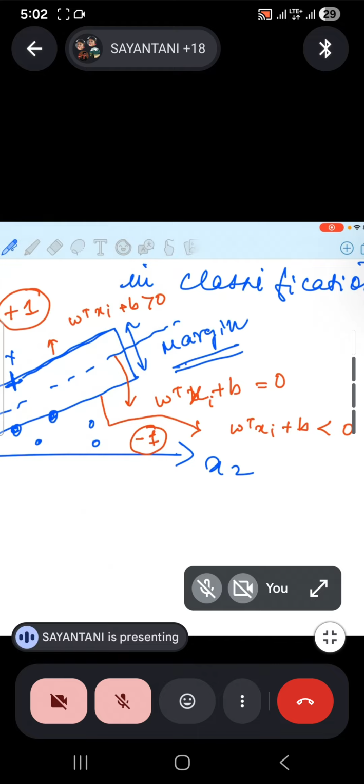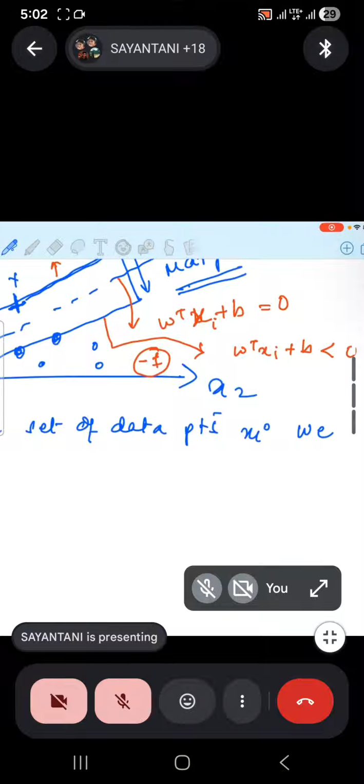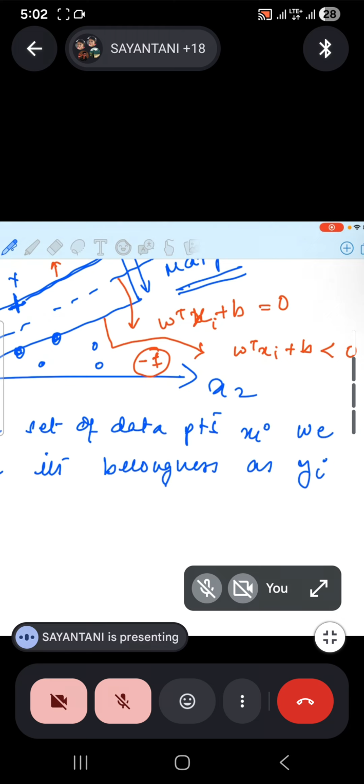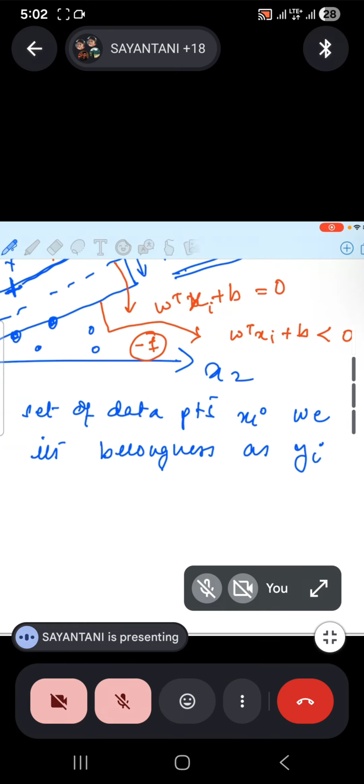So let me just write down what I have written in the diagram. For a given set of data points xi, we can assign its belongingness as yi. That means this +1 and -1 are the class labels I'm assigning.